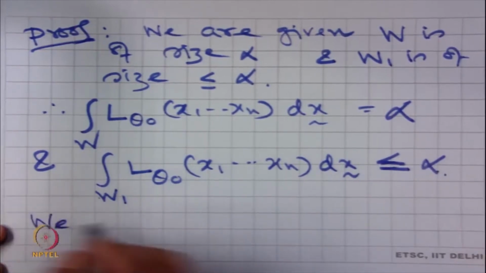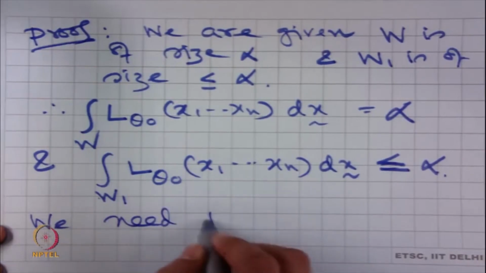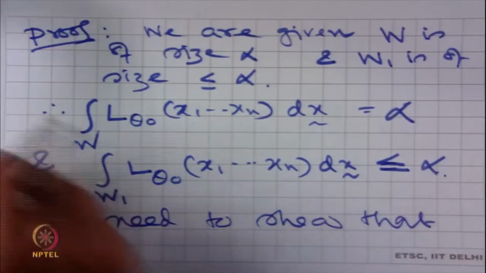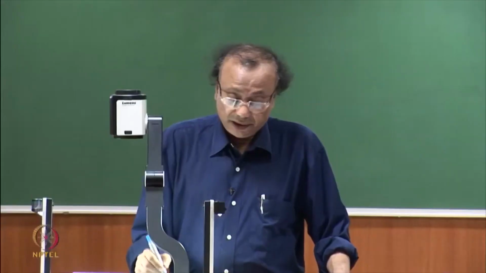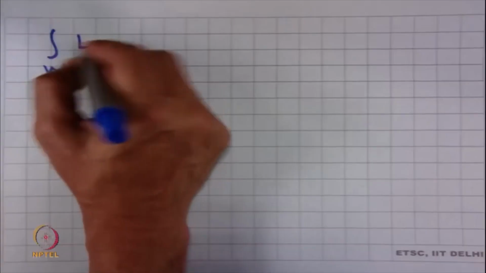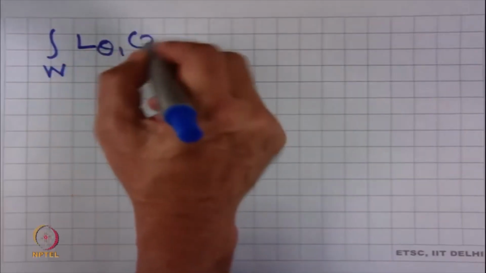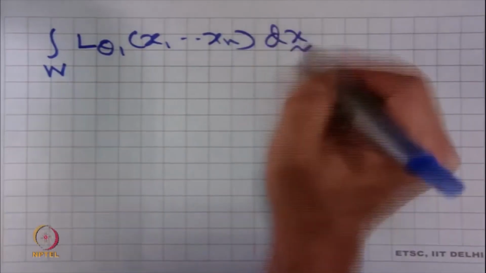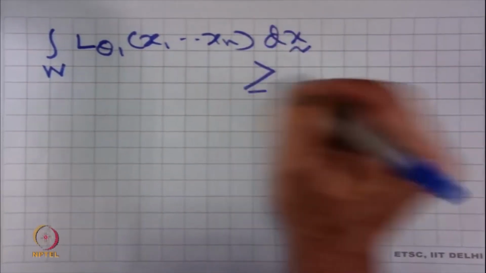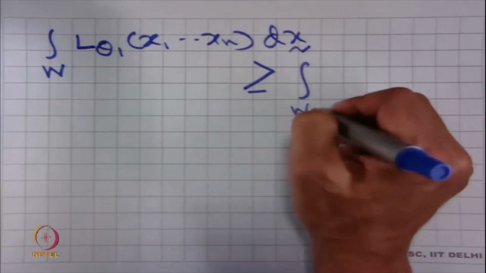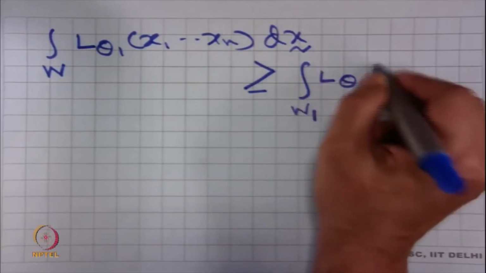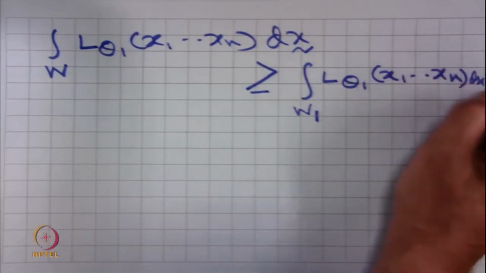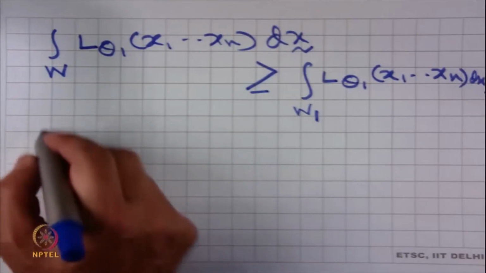We need to show that integration over W of L theta 1 of x 1, x 2, x n dx is greater than or equal to integration over W 1 of L theta 1 of x 1, x 2, x n dx.